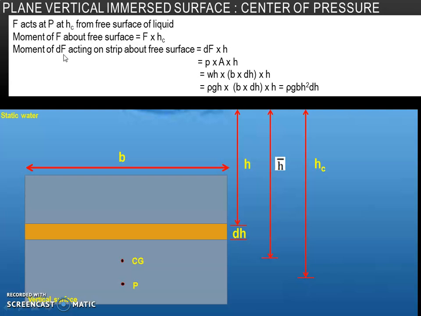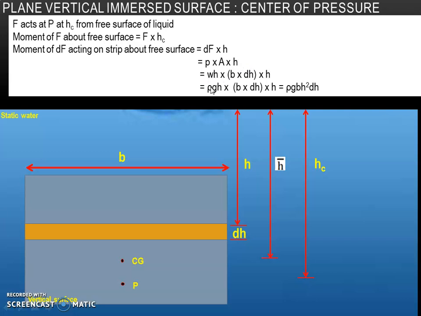But moment of dF acting on this strip about free surface will be dF, that is force acting on the strip, into H. But dF is pressure into area. So P into A into H. P is specific weight into H. So P is equal to W into H, and area of this strip element is B into dH and H is written as it is.